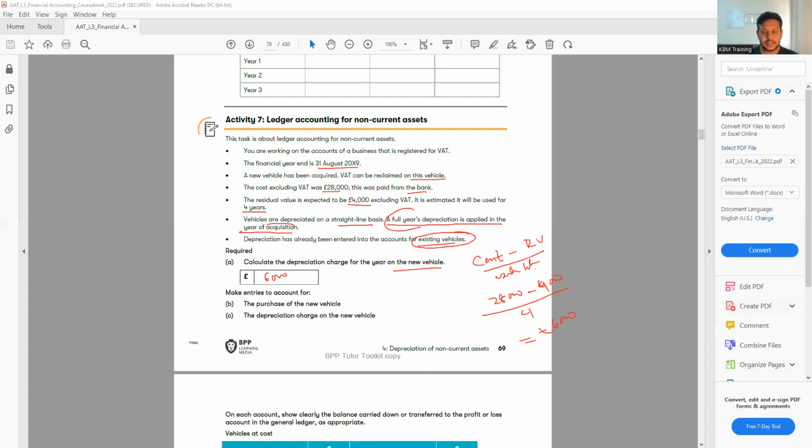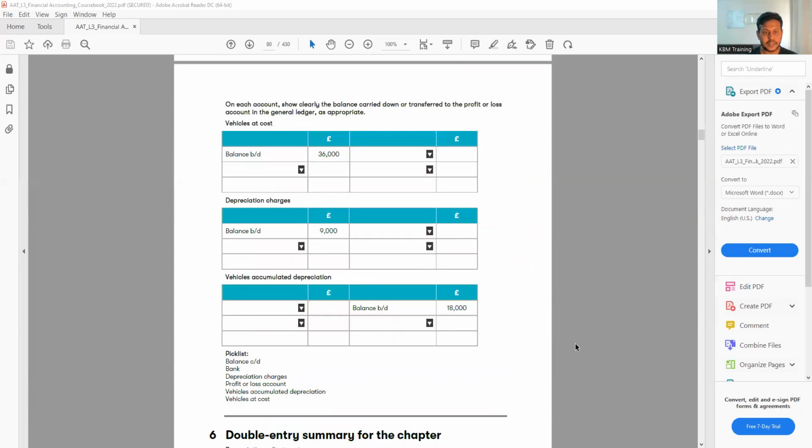All right, the next thing we have here, that is our ledger account. Same thing we did before, so we'll do the same thing. So we buy the machine. So machine at cost is a debit and bank will be credit. So on the debit side, we're going to write the bank. And that is 28,000, the cost price.